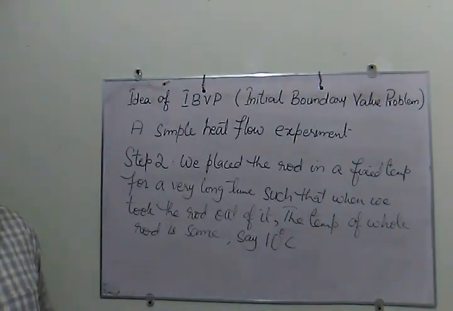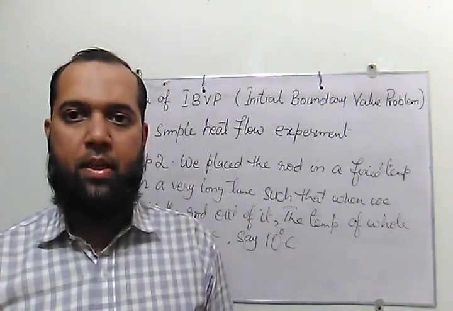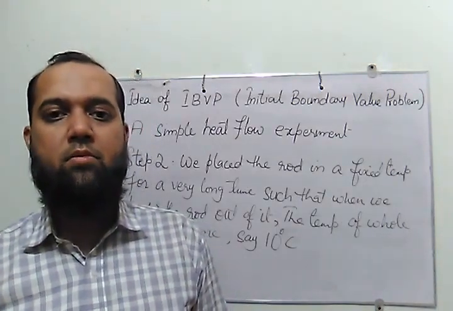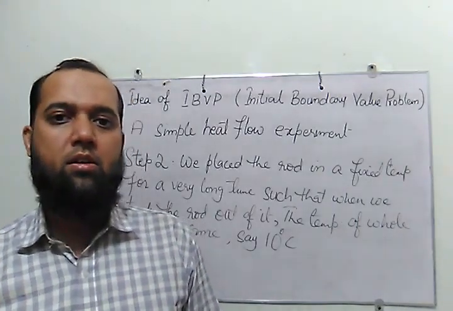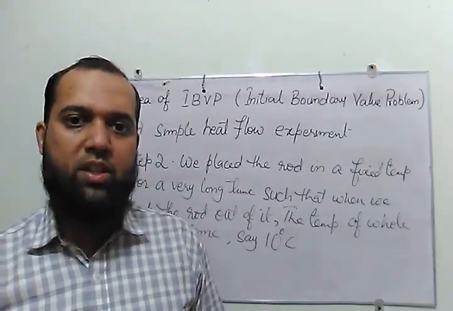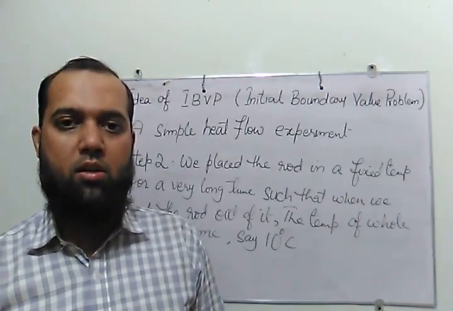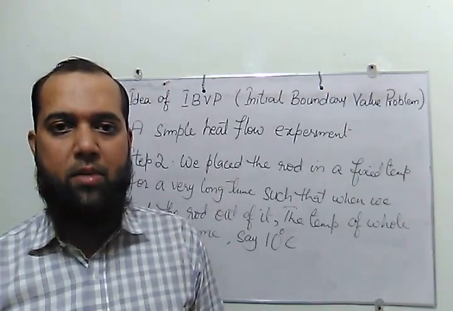So in step 1, we take a rod and insulate it in such a way that heat can transfer only in one direction. In step 2, we put the rod in some environment, a fridge or freezer maybe, something like that, a room with constant temperature, so that the whole rod is placed there for a long time. Then we take out the rod from the environment.